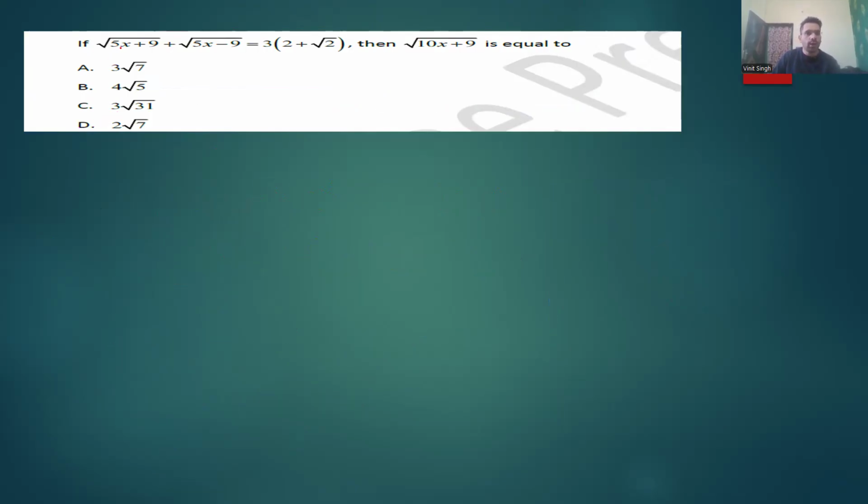If under root 5x plus 9 plus under root 5x minus 9 is equal to 3 times (2 plus under root 2), then we have to find the value of under root 10x plus 9. Now the equation is given: under root 5x plus 9 plus under root 5x minus 9 is equal to 3(2 plus root 2).